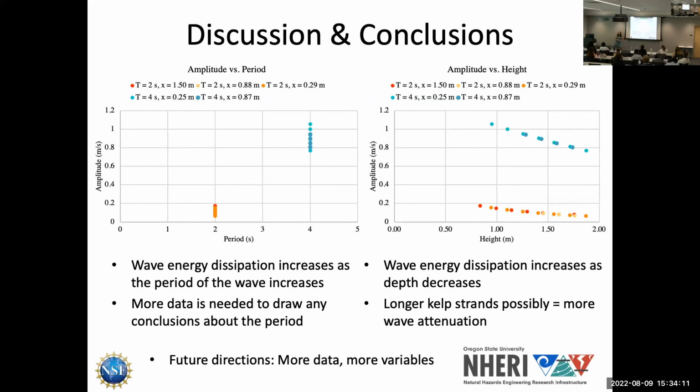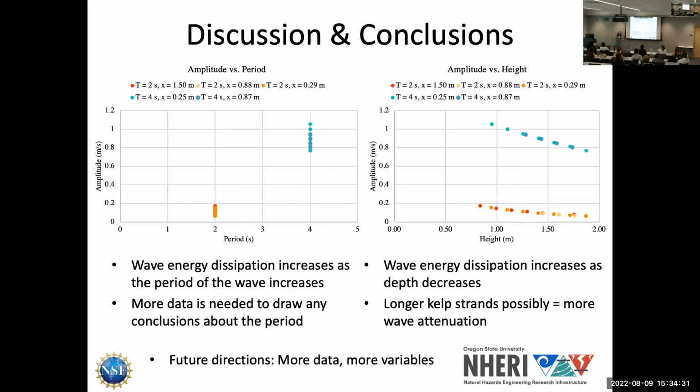For example, in the 2 experiments with the network, they found an optimal period of wave energy dissipation. Their graph with more trials looked like this, with an optimal wave period. Obviously more data is needed to draw any conclusions.